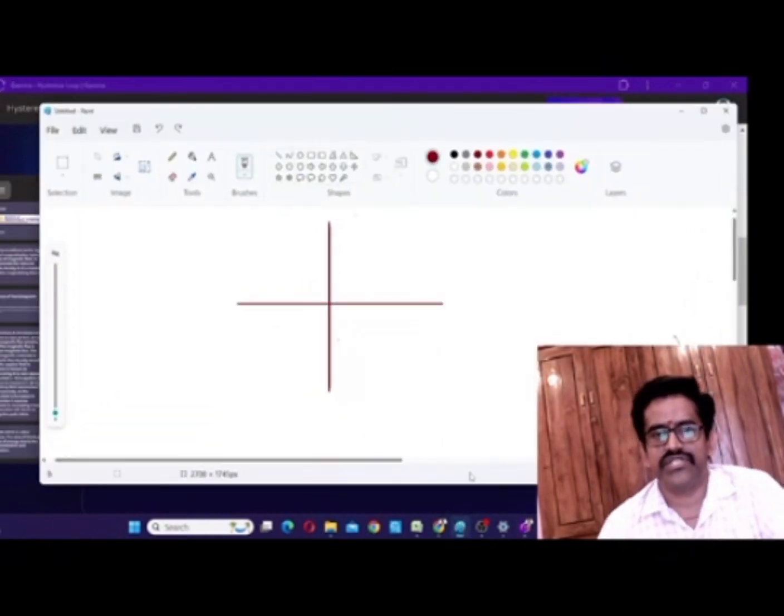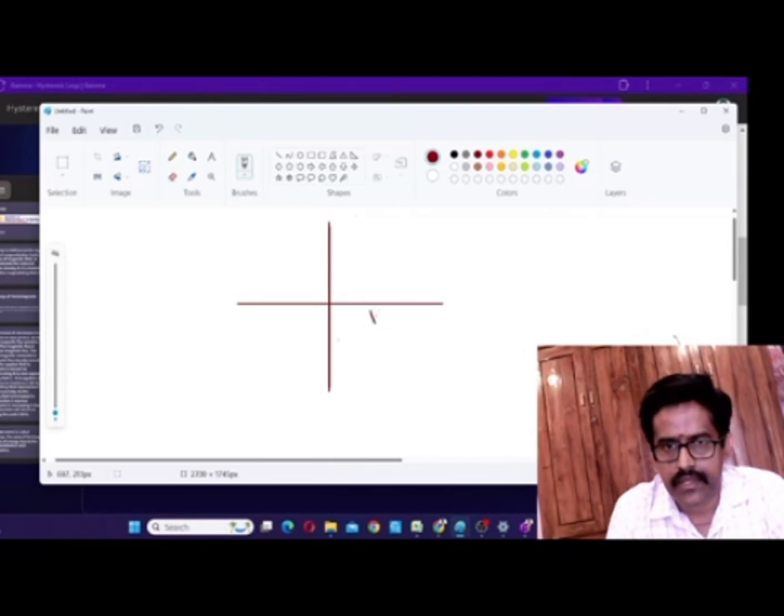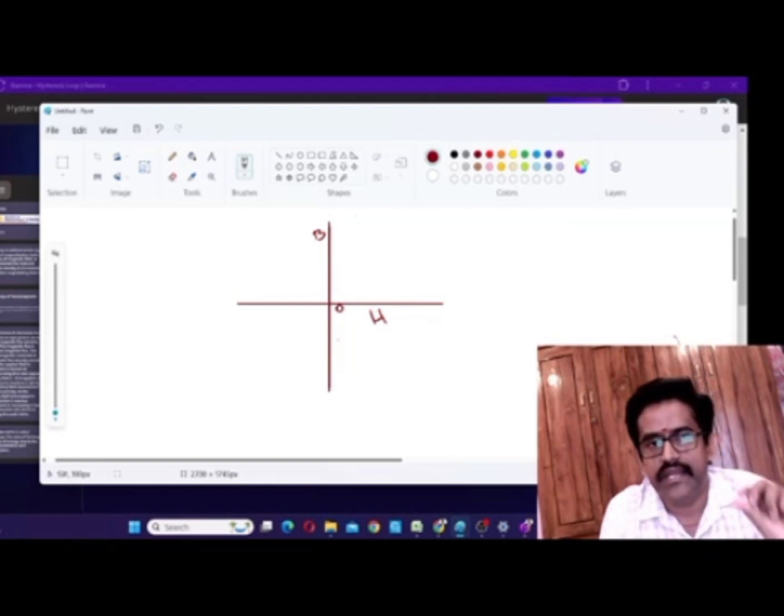On the x-axis we consider H and on the y-axis B. H is the magnetic field intensity, and B is the magnetic flux density. Initially the iron has no magnetization, so B is equal to 0 at H equal to 0.